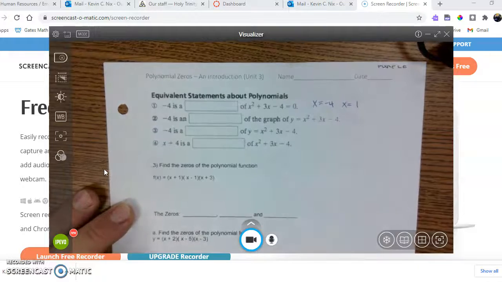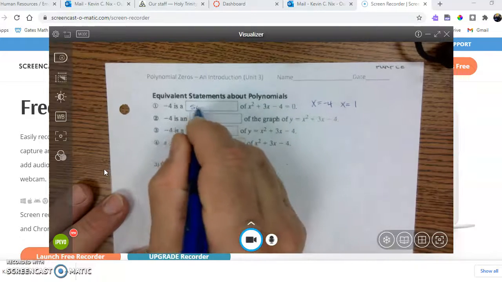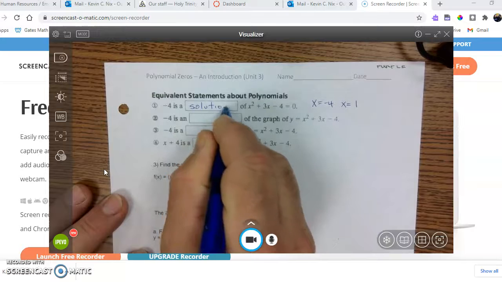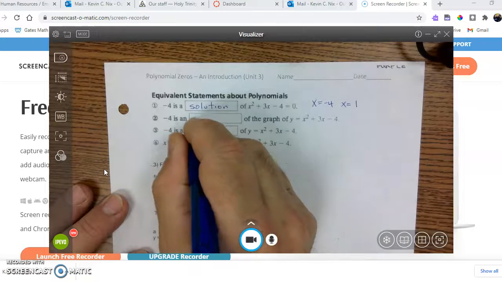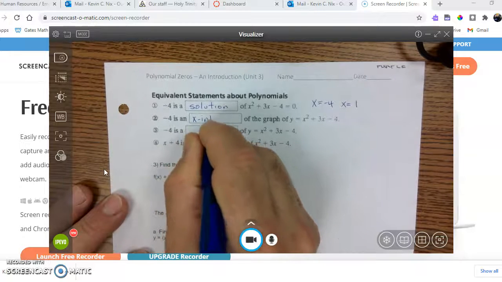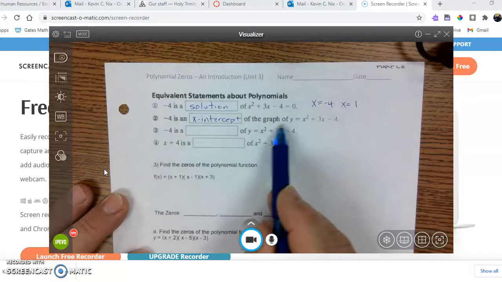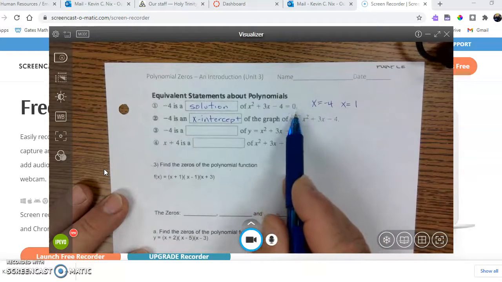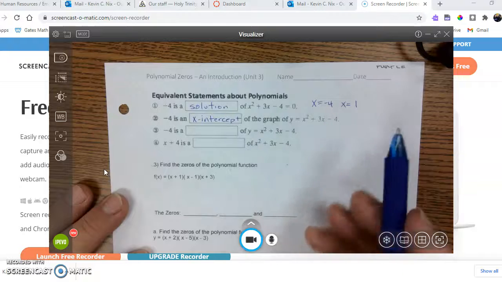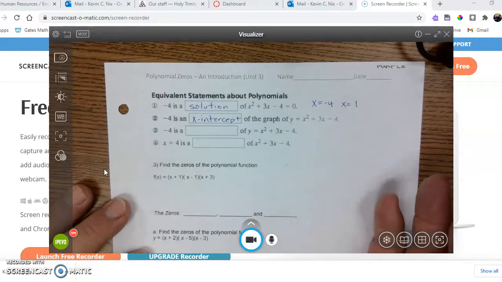So if you solve that, -4 is a solution of x squared plus 3x minus 4. -4 is an x-intercept of the graph of y equals the same expression. If you replace 0 with y, it becomes a graph because now you have ordered pairs of numbers.